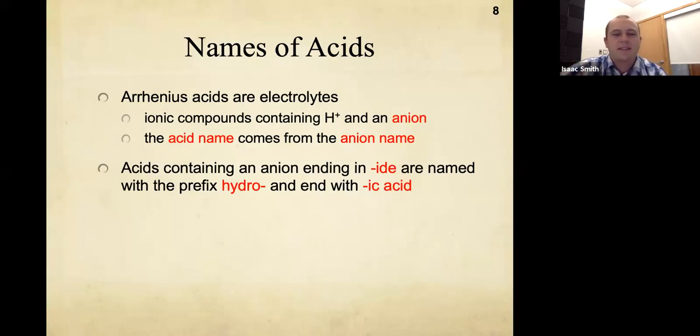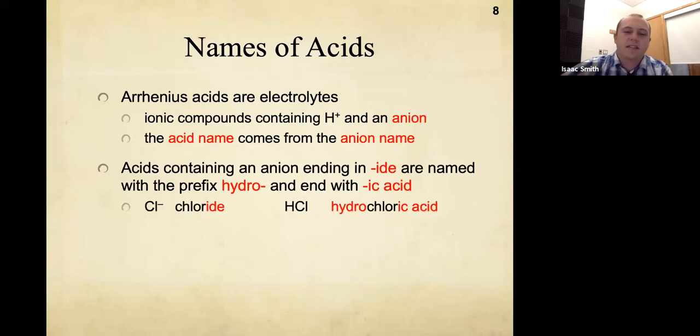The second one is that acids containing an anion ending in IDE are named with the prefix hydro and the suffix ic. So for example, we have this HCl molecule. Normally you might name it hydrogen chloride.